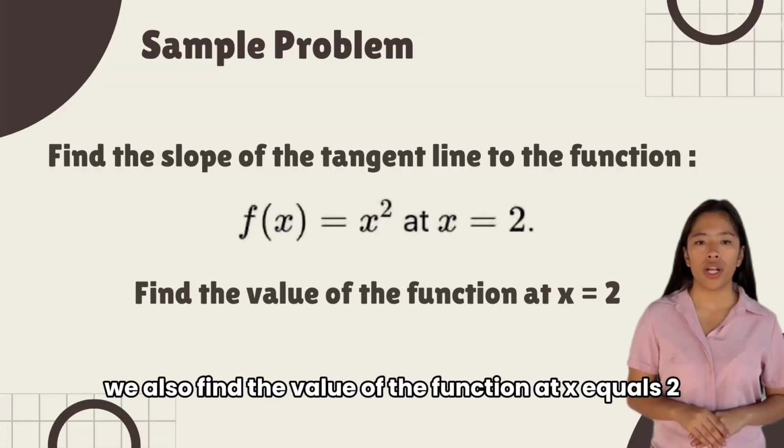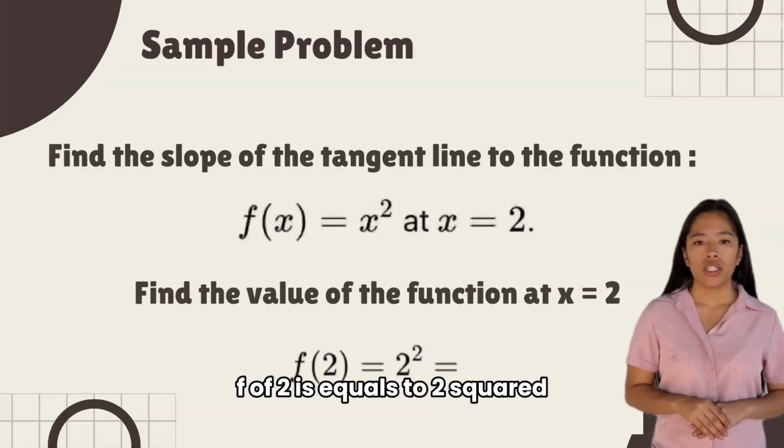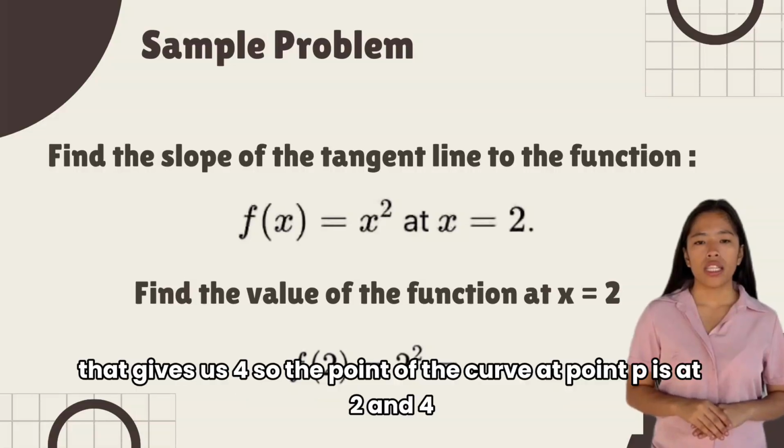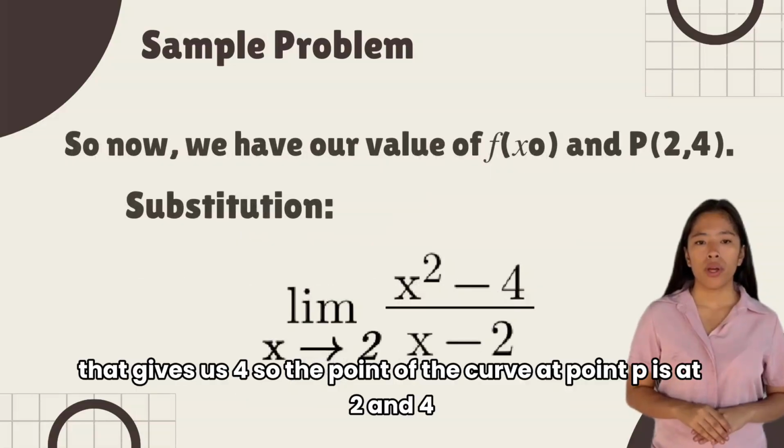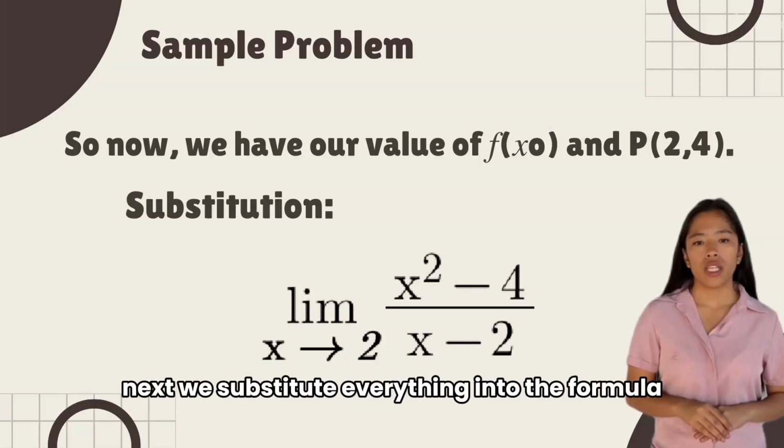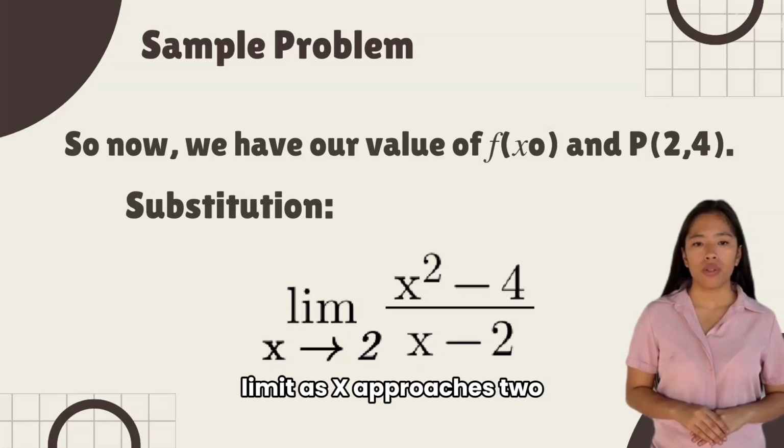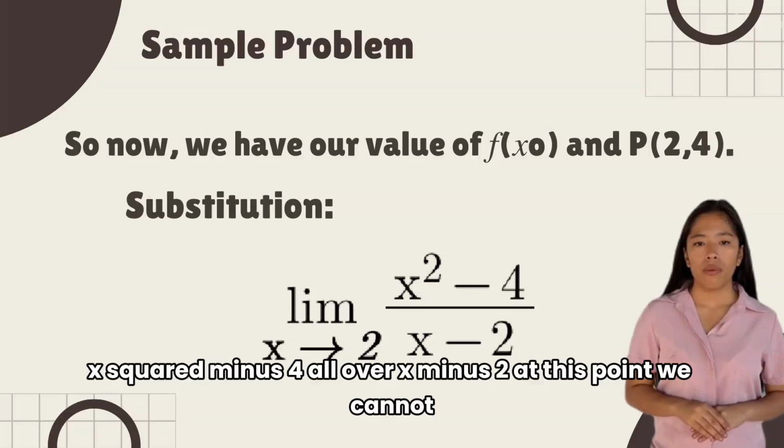We also find the value of the function at x equals 2. f of 2 is equal to 2 squared. That gives us 4. So the point on the curve at point P is (2, 4). Next, we substitute everything into the formula. Limit as x approaches 2 of x squared minus 4 all over x minus 2.